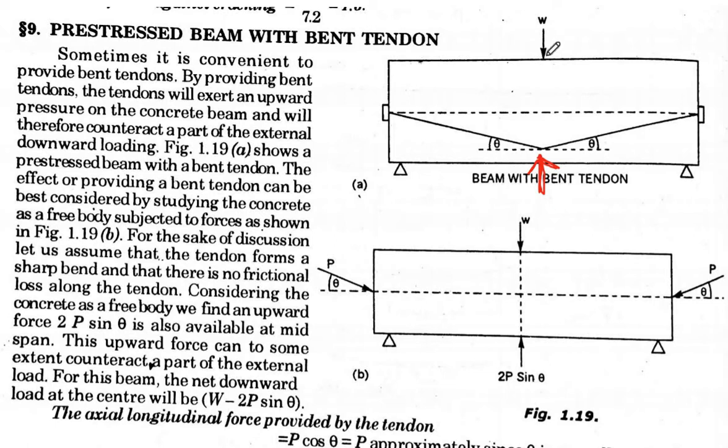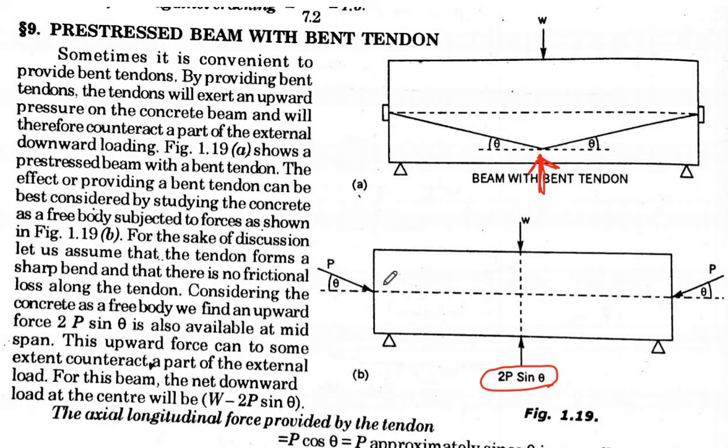The same thing happens here; the only difference is that with the bend tendons we have an upward thrust which is going to counterbalance the external loads. To explain this properly, we have to consider the free body diagram of the forces as shown in this figure. This is the upward thrust 2P sine theta, which is acting and trying to counterbalance the external load.